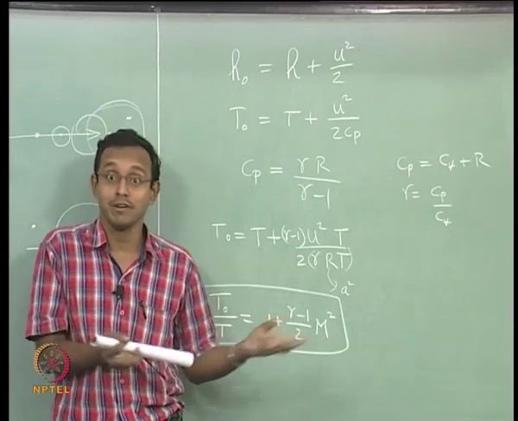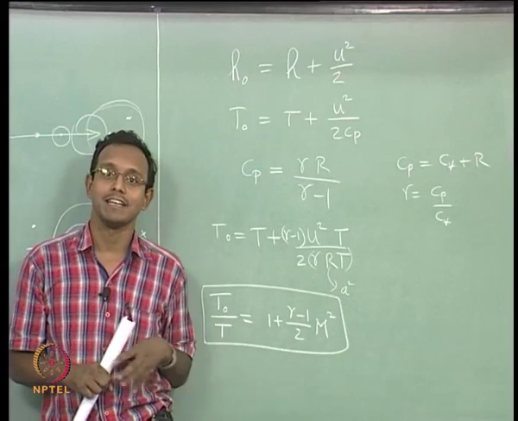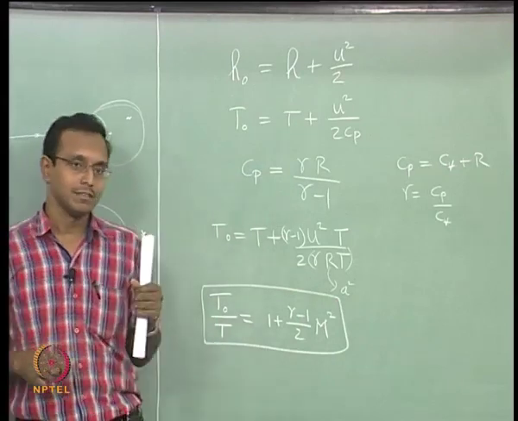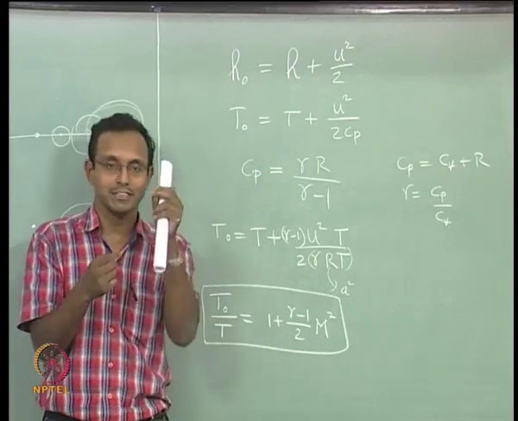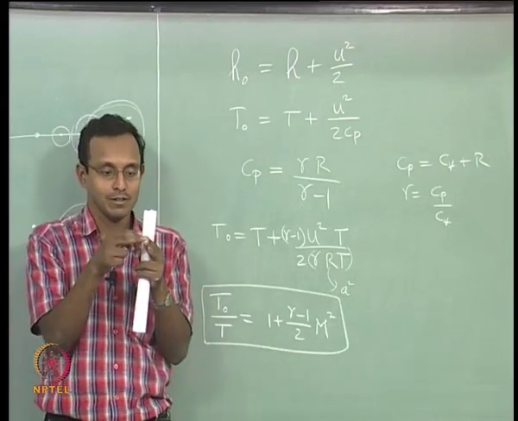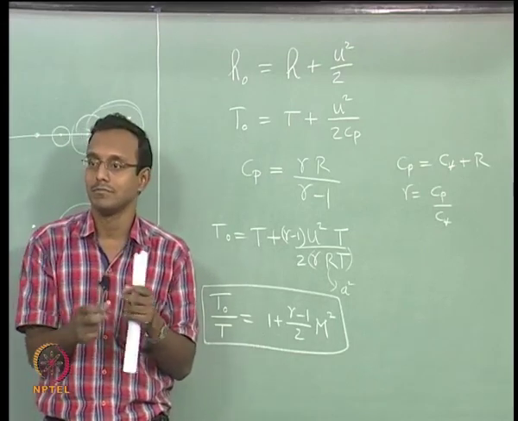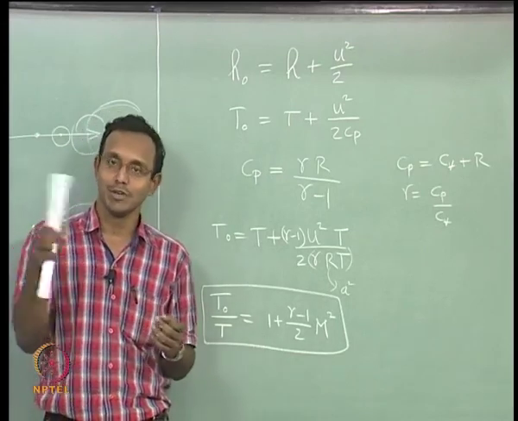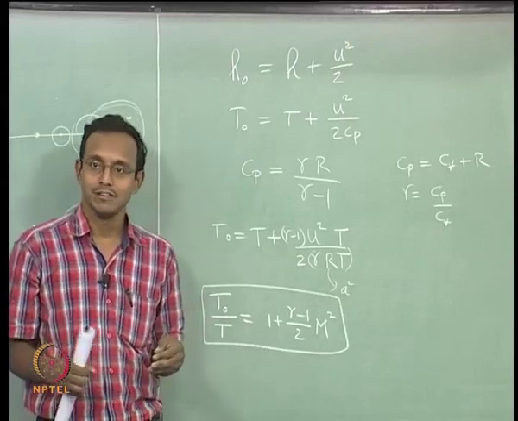I am being carried away by the flow. If that is the case, then I will get this T, static temperature. But if I am sitting at one point, making the flow come to rest at my thermometer or thermocouple, then I am going to measure stagnation temperature. That is, I am bringing the flow to rest and then measuring the temperature there.